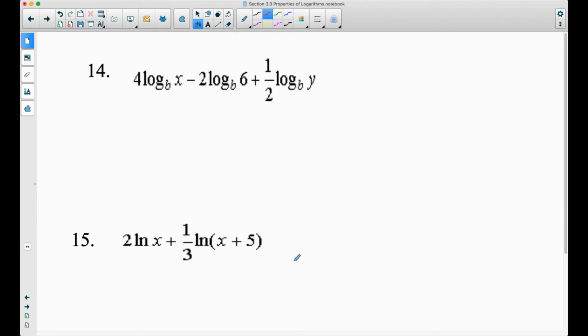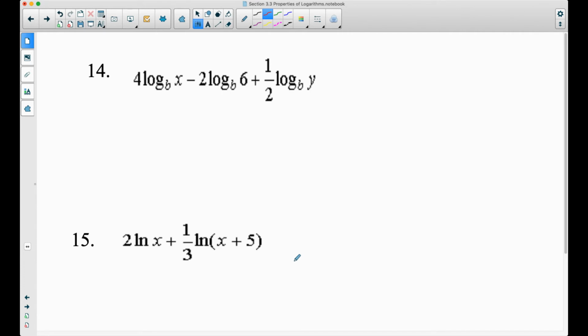Oh, this is an algebra 2 review? Yep. We did not do this in algebra. Yes, we did. I don't think we did. I don't remember that much. Yep, it's in algebra 2.